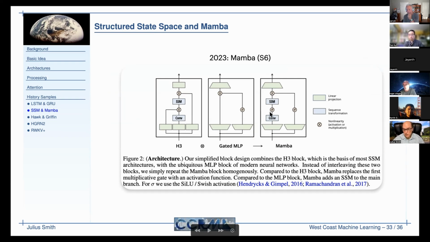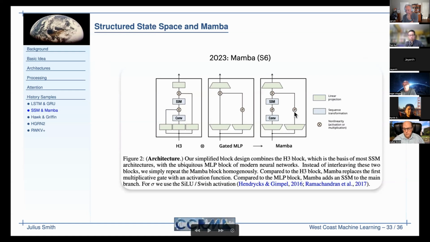And I really don't know how to motivate this activation here. That really surprised me. From my point of view, maybe you would have an RMS norm or something, but an activation seems like a lot of change going into your SSM. So your SSM is driven by the activation output here, which is quite severe.